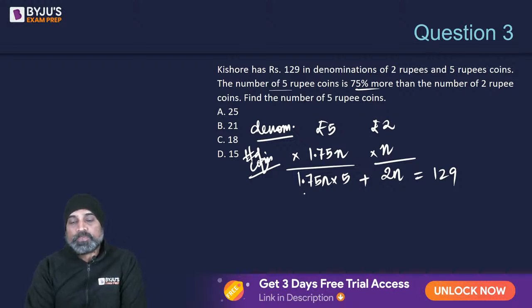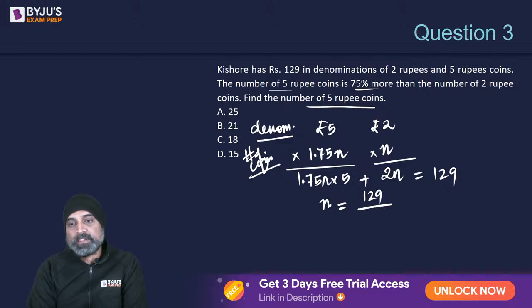So what we can do is we can multiply 1.75 into 5 plus 2n is equal to 129 and find the value of n, and then finally find the number of 5 rupee coins. Number of 5 rupee coins is going to be 1.75n, right? So if we solve this, this is going to give us 129.